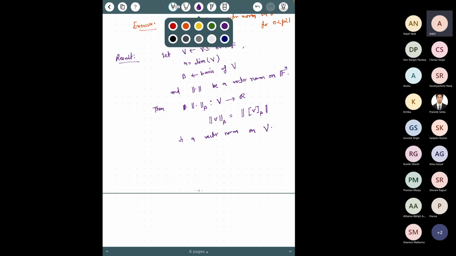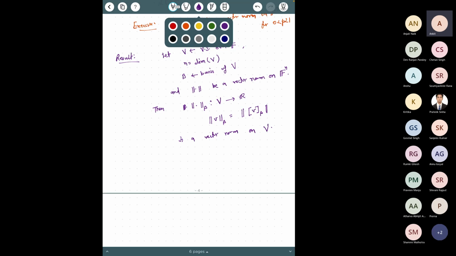But the advantage of this result is that it gives you a way to define other norms also. Now you can see that if V is a vector space over R or C, then there are infinitely many bases, if it is a non-zero vector space, and for every basis you can define a norm in this way.